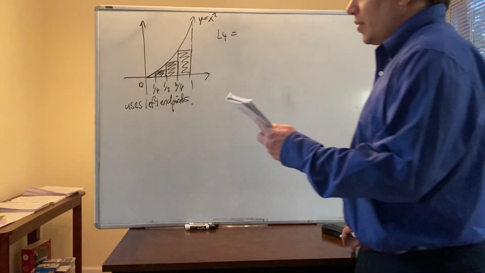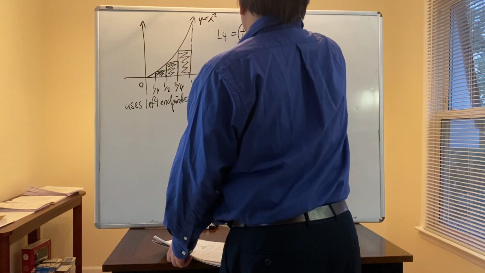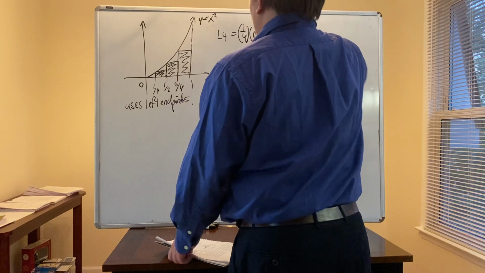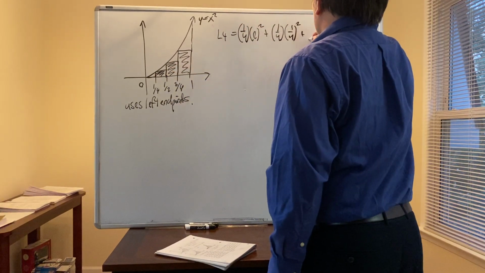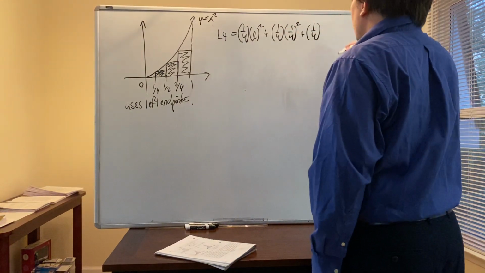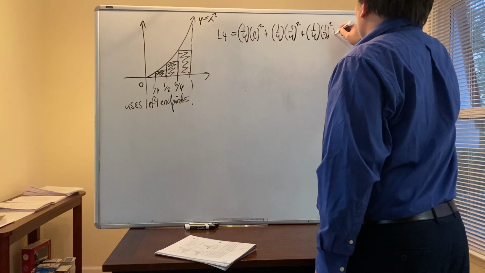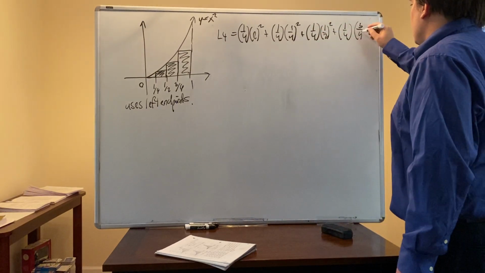So L4 is equal to 1/4 times 0 squared plus 1/4 times 1/4 squared plus 1/4 times 1/2 squared plus 1/4 times 3/4 squared.